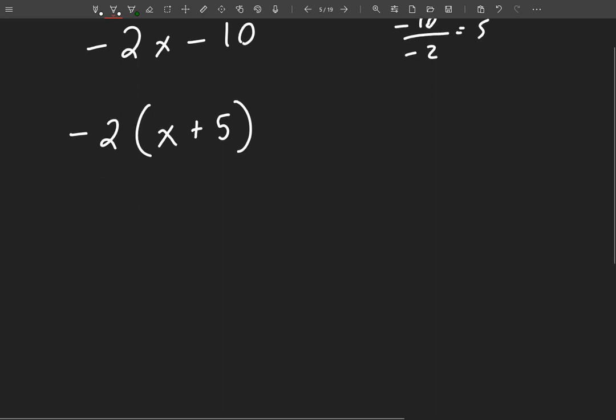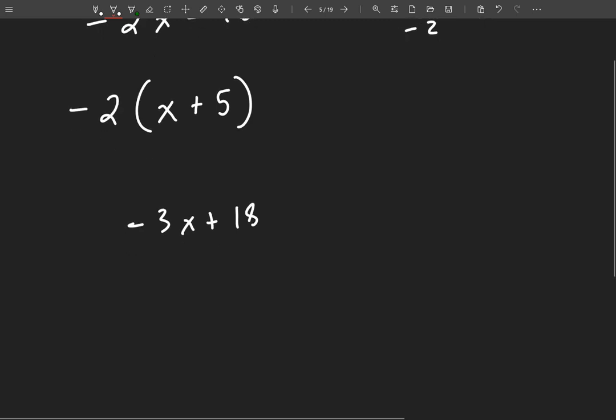So, for instance, let's do another one. Let's do negative 3x plus 18. Again, you could just pull out a 3, but with our thoughts moving forward to what we're going to be using this for, which again you don't know yet, we're going to go ahead and pull that negative as well. So it's a negative 3x.